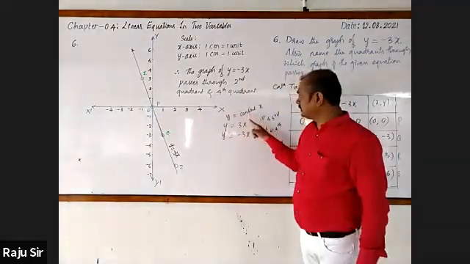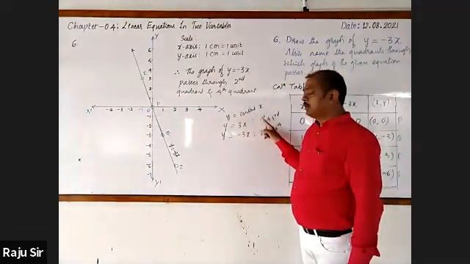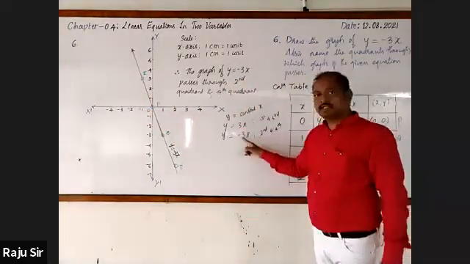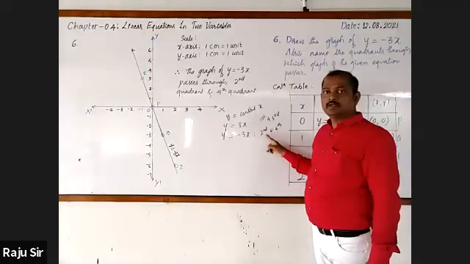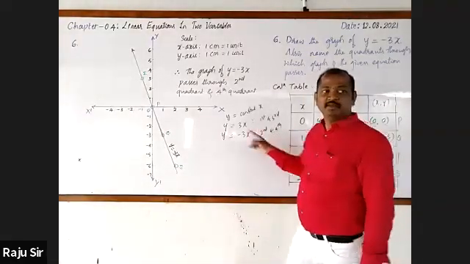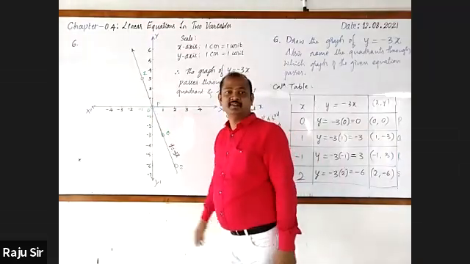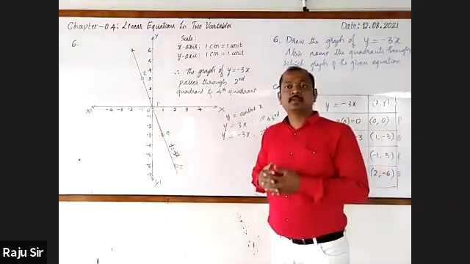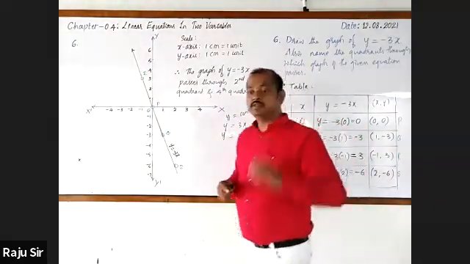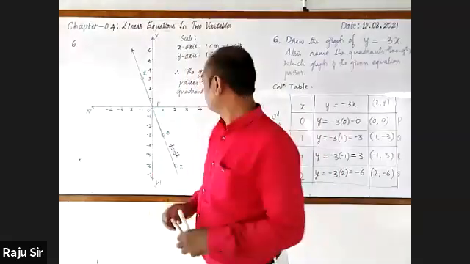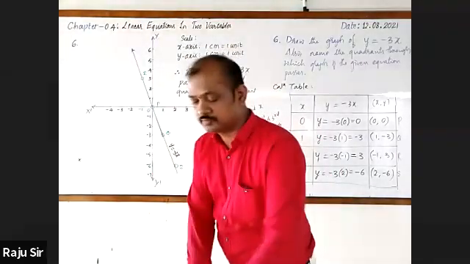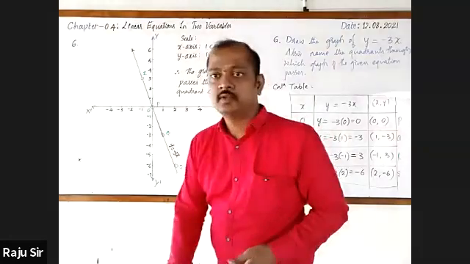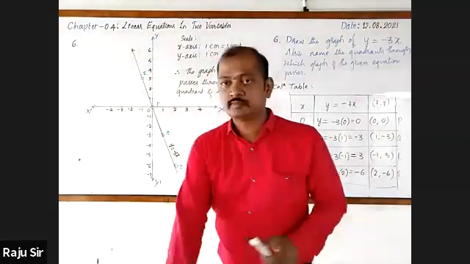If the constant is positive, it passes through the first and third quadrants; if negative, through the second and fourth quadrants. It is a very important note. Usually you can expect this type of question in MCQ. Sir, in the place of constant, any number will be there? Then also it will pass through the origin only. Yes, definitely.